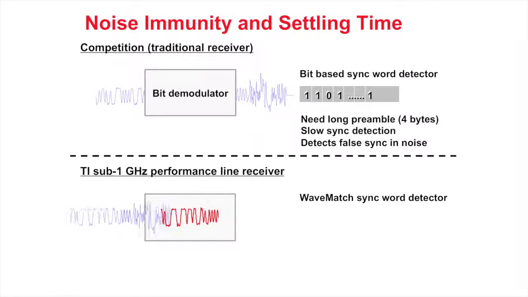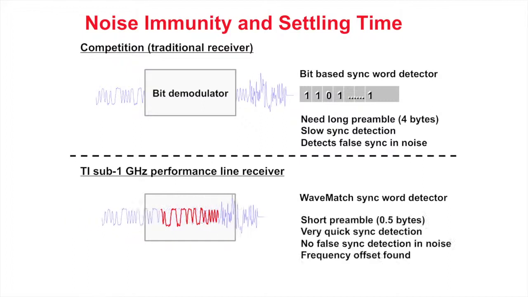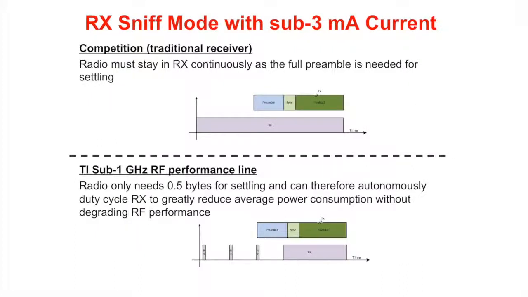The demodulator uses the sync word itself to do bit synchronization and to find the frequency offset, and it requires only 4 bits of preamble for settling of the AGC. Sync detection will be very fast, and the likelihood of false sync detection is greatly reduced. Imagine if you input noise into the wave match detector, then the likelihood of a correct wave appearing in noise is extremely low.